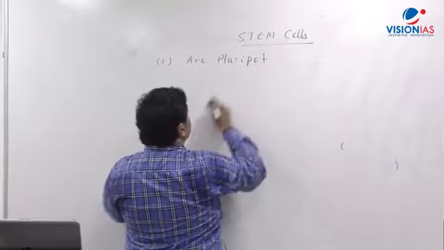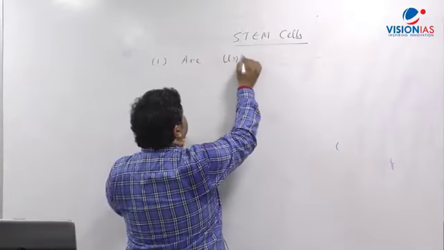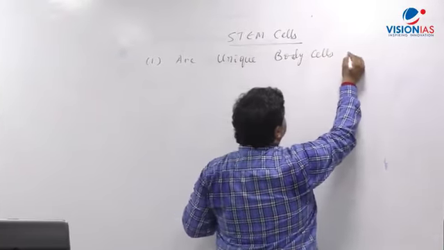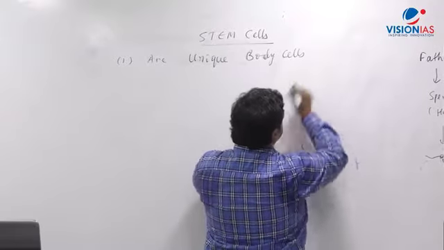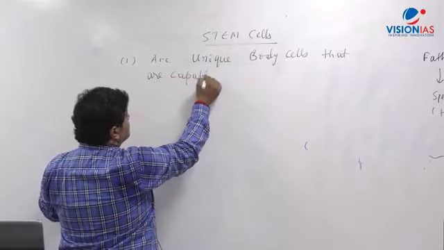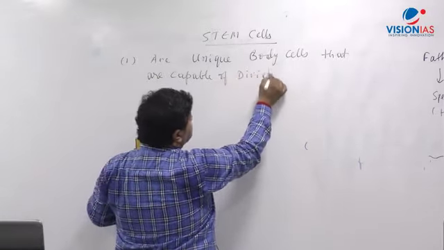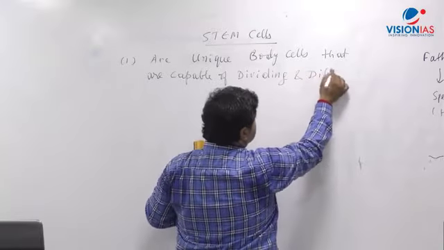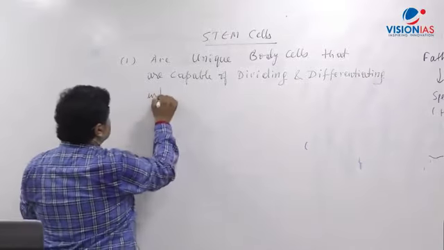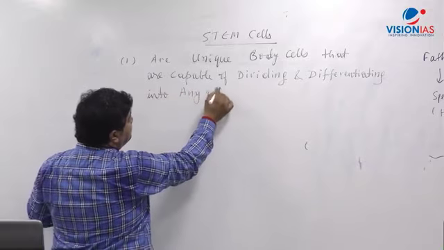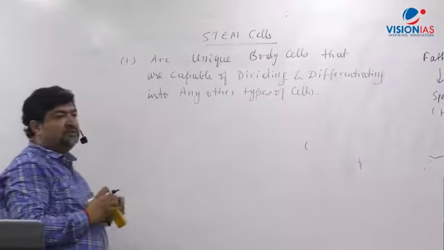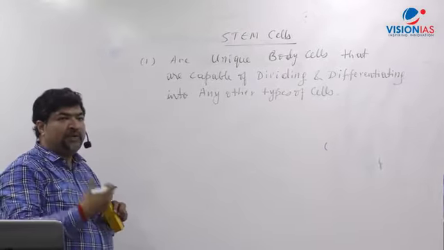Stem cells are unique body cells that are capable of dividing and differentiating into any other types of cells. They're capable of doing that. That means you can say they're programmed cells. They can be programmed.